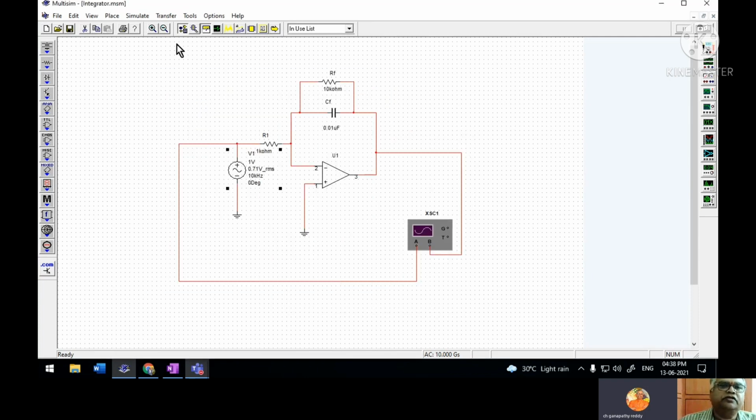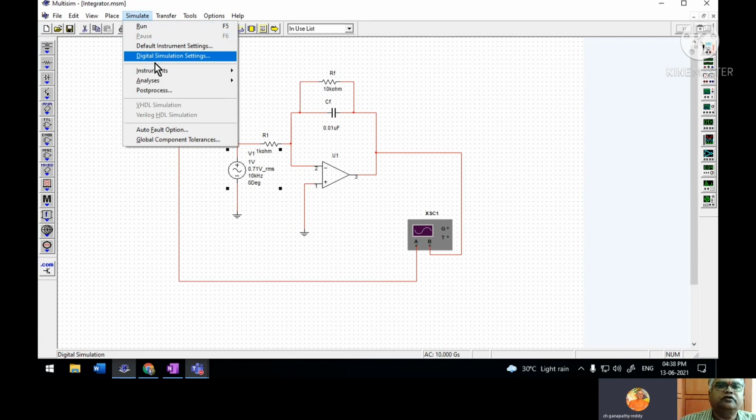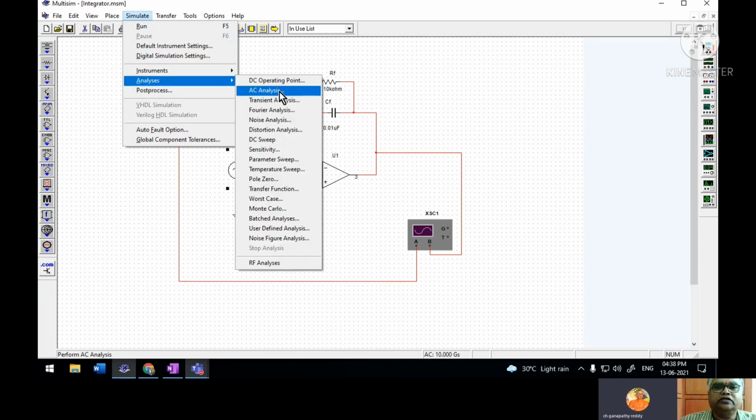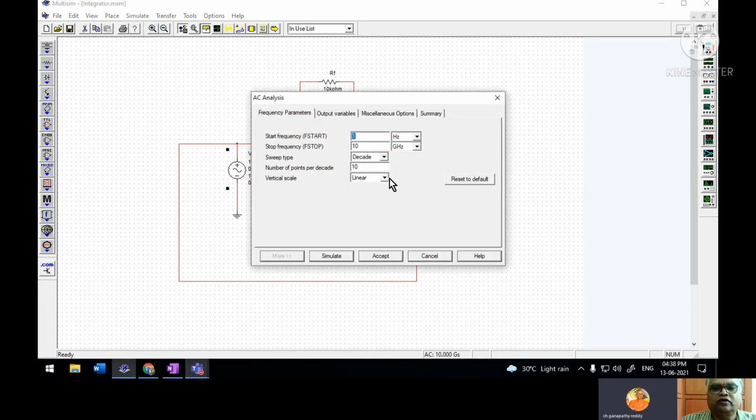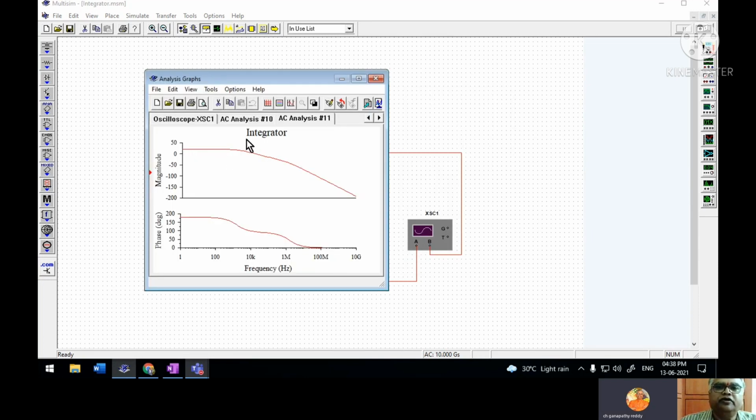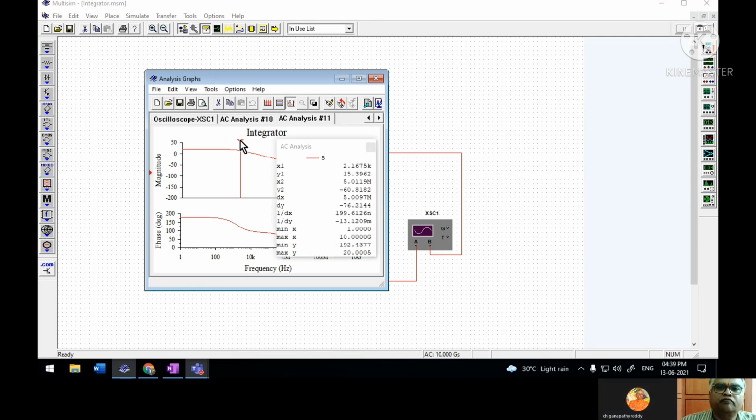I am showing this simulation again: AC analysis. You can also select dB, decibel. How many dB? 19.99 means 20 dB.